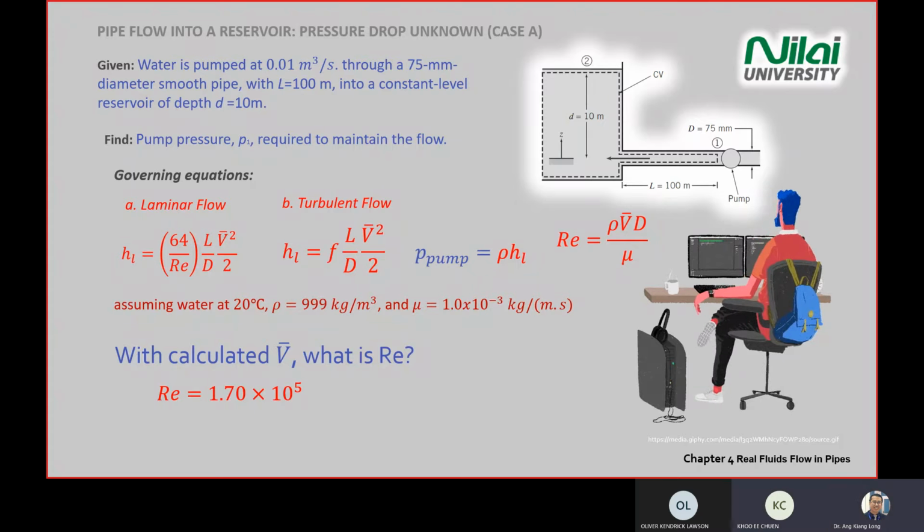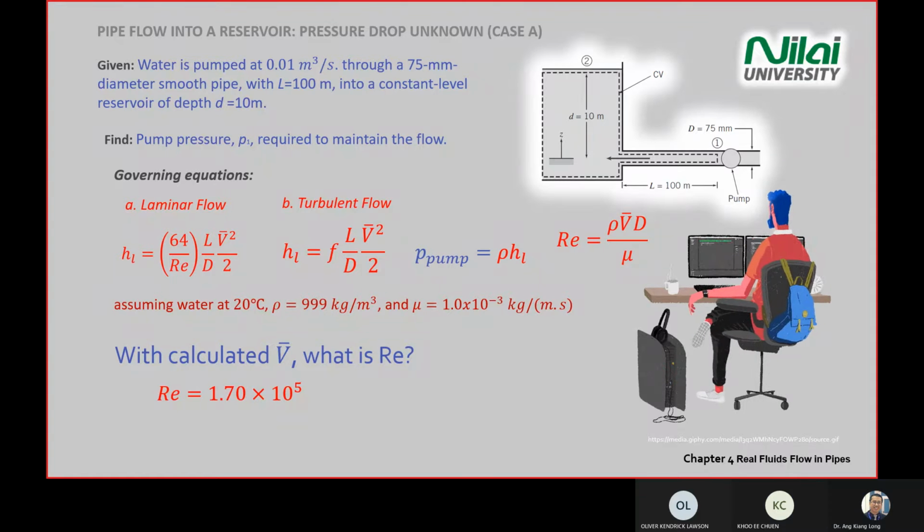You still remember the magic number that I asked you to remember? The Reynolds number. The 4D number. 2,300. Yeah, correct. So this number is more than 2,300.